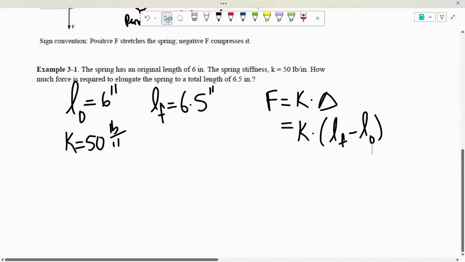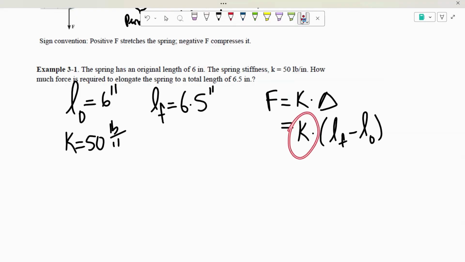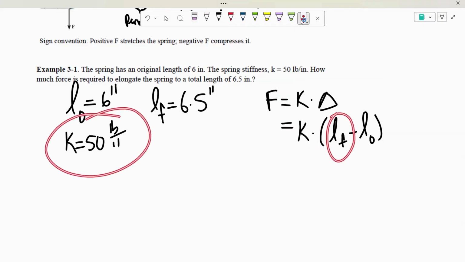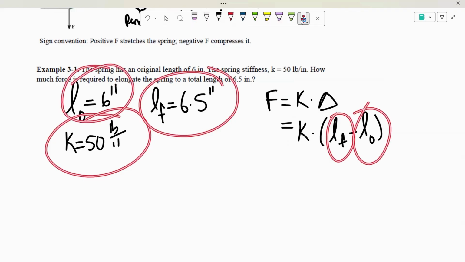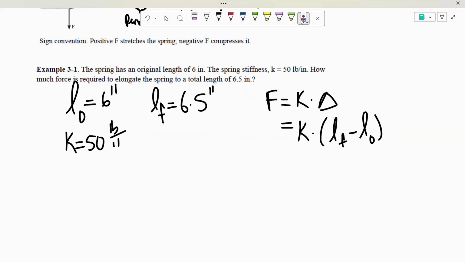Then we're simply going to plug in all the information we were given, because as you can see, we know what the stiffness is, we know what the final length is, and we know what the original length is. So all we have to do to find the force is plug in everything we already know.